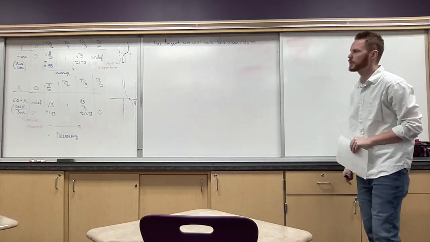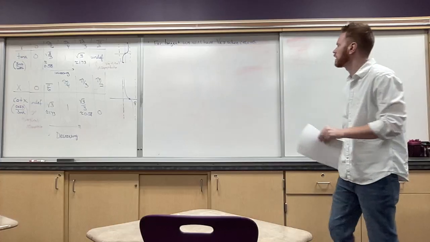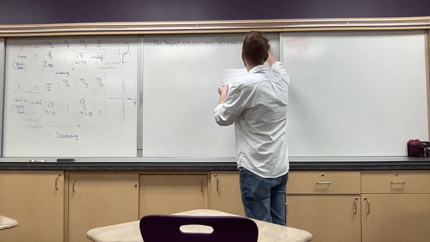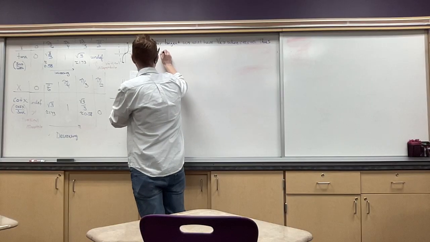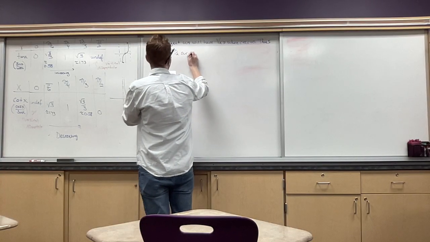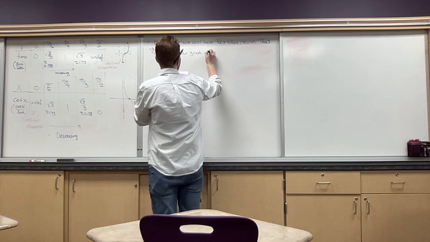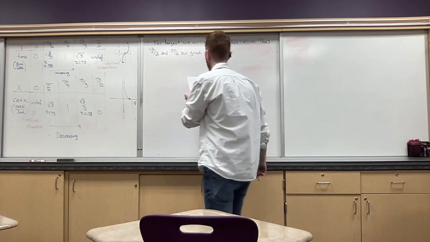If I look at the quotient identity for tangent, cosine's at the bottom, so if it's 0, it's definitely undefined. So that would be a vertical asymptote. So thus, pi over 2 and 3 pi over 2, our graph will not cross. Okay?